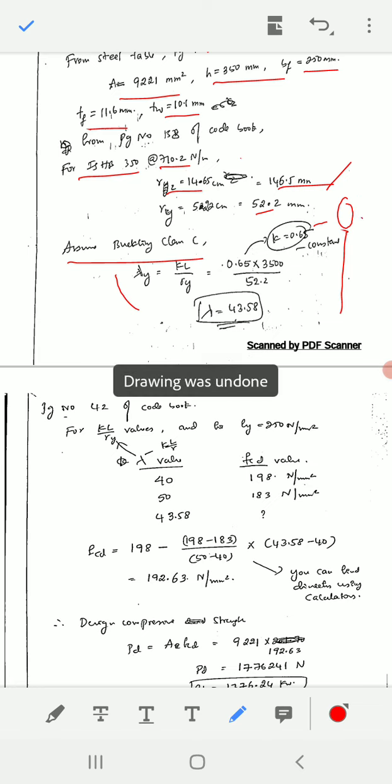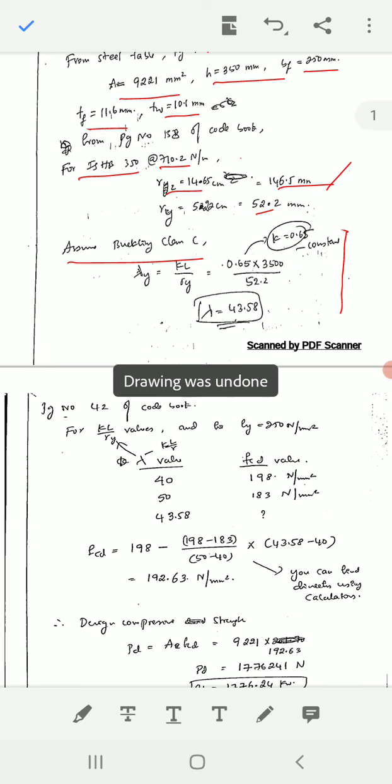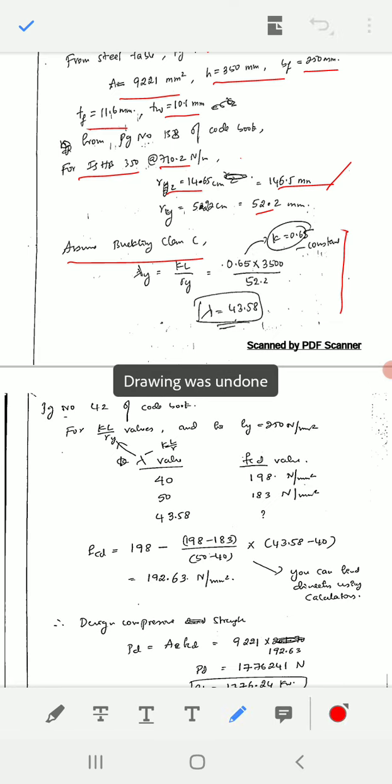Then L value is given as 3500 and RY is 52.2. So we will get lambda as 43.58. Then page number 42 of the code book. Page number 42 of the code book means for class C, right?